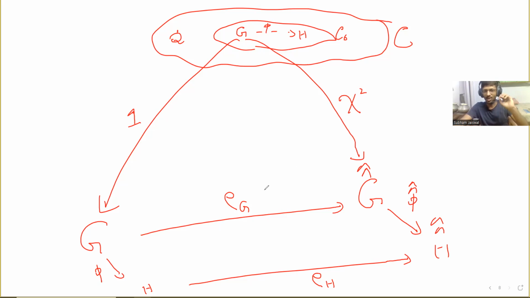There is only one way to extend this natural transformation. That's the first thing you want to say. And how does the limit thing help you? That is the thing. So first you want to say unique extension.